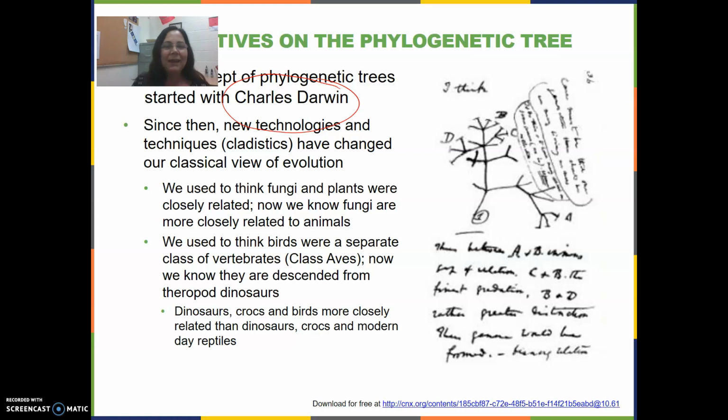So what we have to do is use what we can see in the present to figure out what happened in the past, and what we can see happening in the time since humans have existed and started making records is that we have seen speciation within our lifetimes.